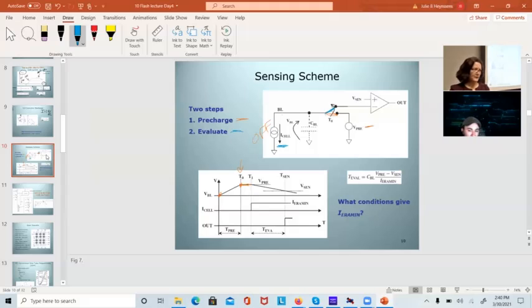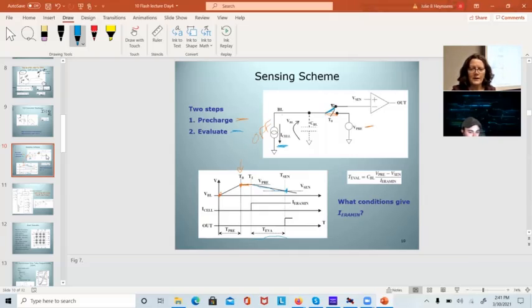Not a fixed capacitor, but the C associated with that long poly line. So if there's current flowing, after a period of time this bit line capacitor starts to discharge. Then I wait some amount of time for the capacitance to discharge, called T evaluate, and then I can read the output.